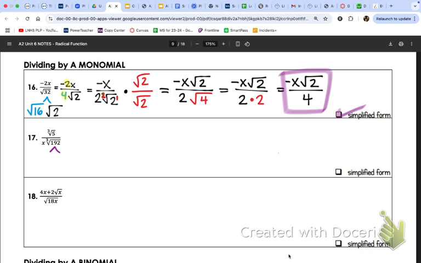You could do prime factorization, or you could look at your perfect chart, right? I'm feeling a little lazy, so I'm just going to start dividing by 2 because it's an even number.